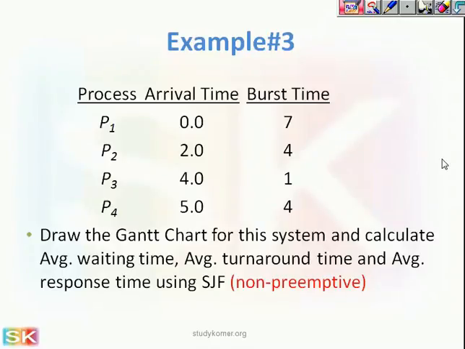So the SJF non-preemptive scheme says that when a process is executing, it cannot be preempted by another process even if that other process has less CPU burst time than the one which is in the execution state, right?